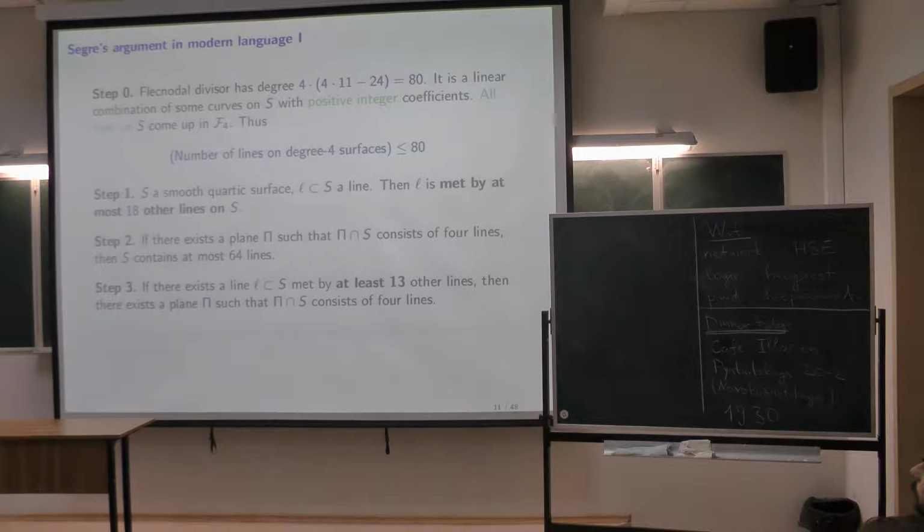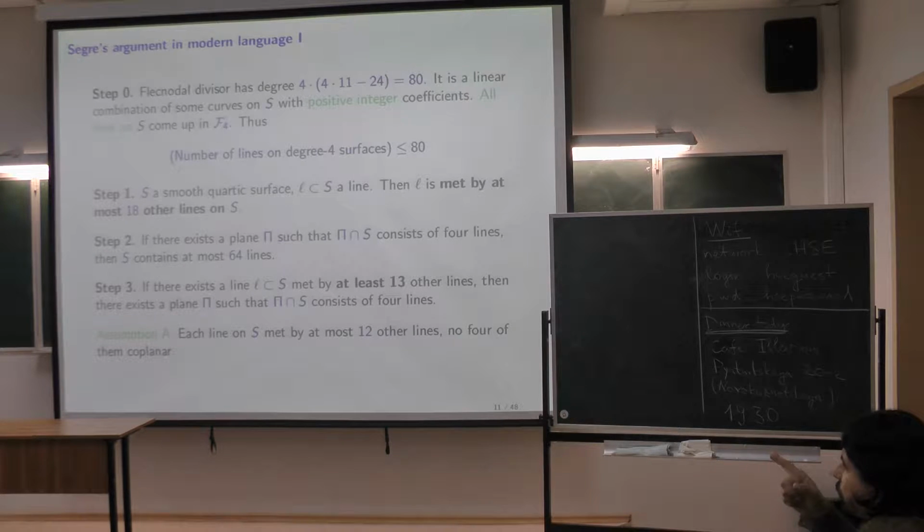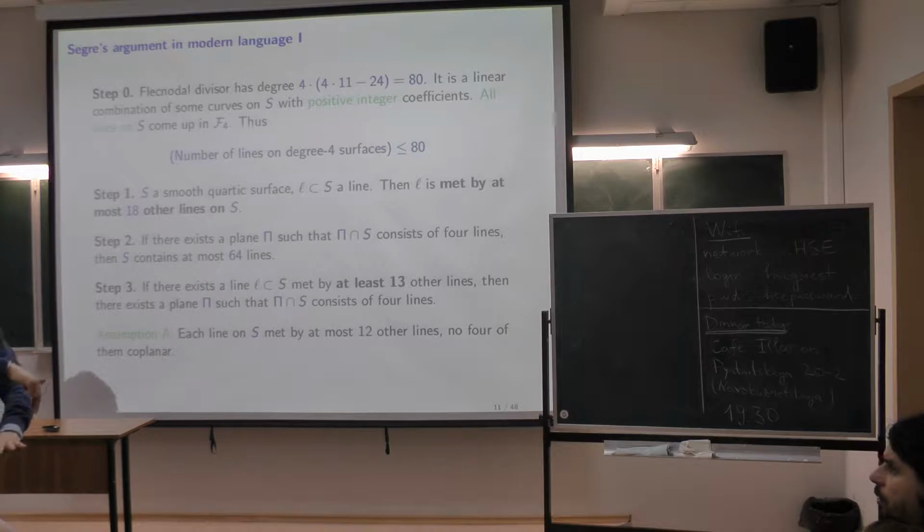And then, with this step, I can assume each line on my surface is met by at most 12 other lines, and no 4 of the lines are coplanar. Why? You have 4 lines, 18 meet a line.